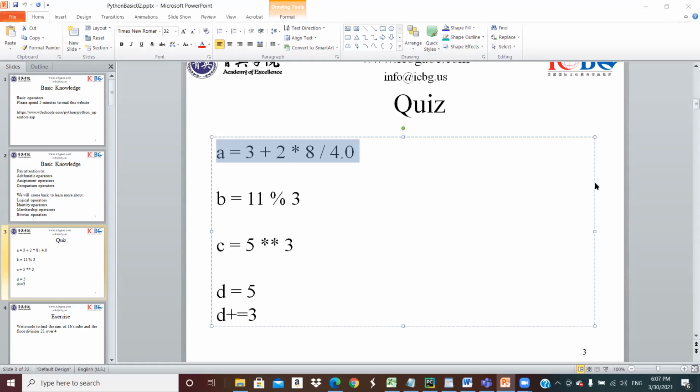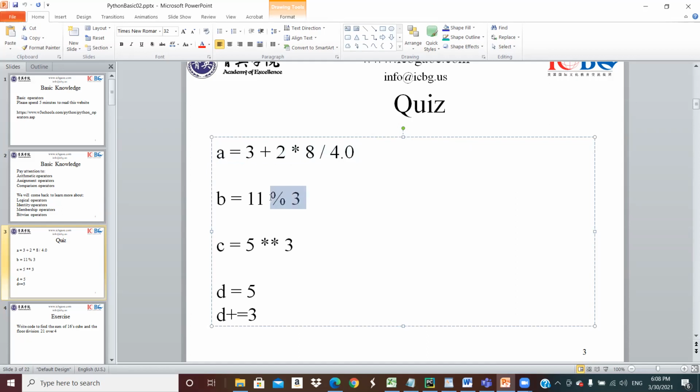So the right answer is 7, because these are the operators, right? 8 divided by 4 equals 2. 2 times 2 equals 4. 4 plus 3, that's 7. So 7 is the right answer.